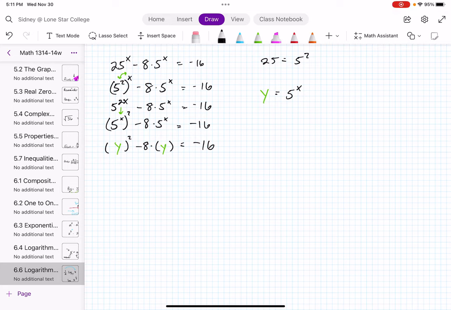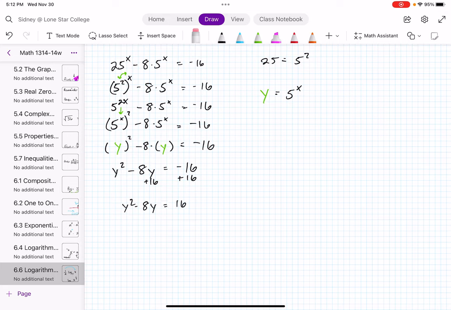Now, why does this matter? This matters because this just became a quadratic. It was actually always a quadratic, but it was hard to see.